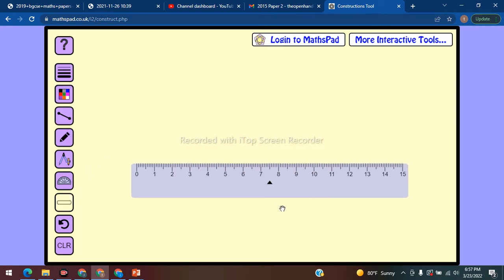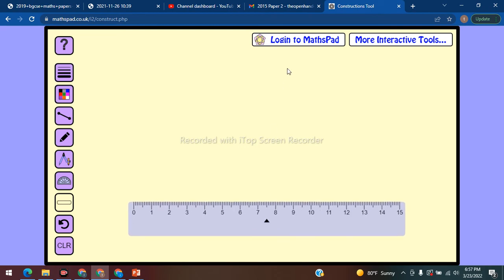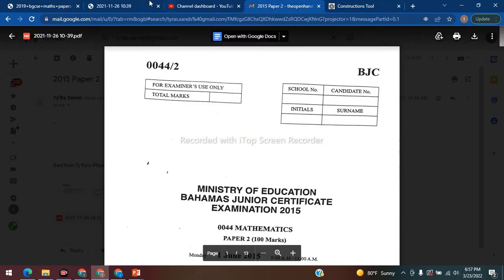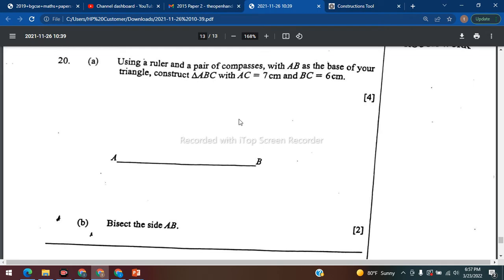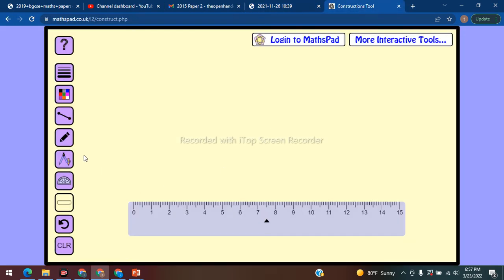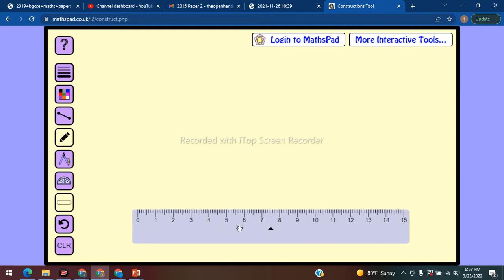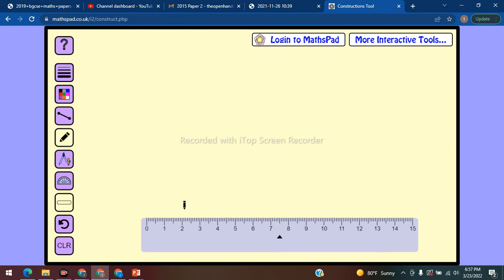So we're first going to draw in AB. We don't know the length of AB, at least they didn't tell us explicitly. We just have a line segment. So I'm just going to draw a regular line of any length. We're going to call that AB. Let me bring it down a little. Line segment AB.